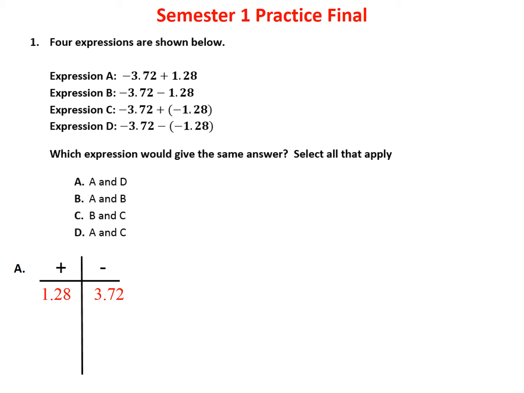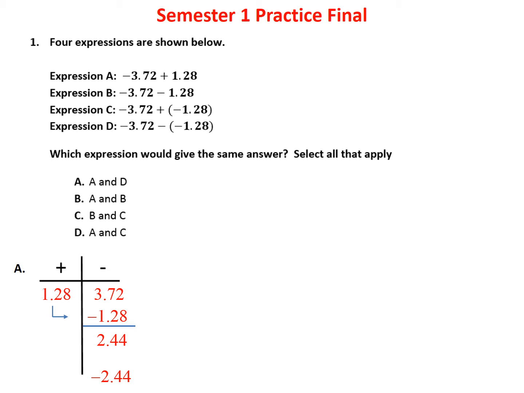Now in the T-chart, we take the smaller number and subtract it from the larger number. So we bring this over here and we subtract it, and the answer would be 2.44 on the negative side. So in this case, we have a negative 2.44.